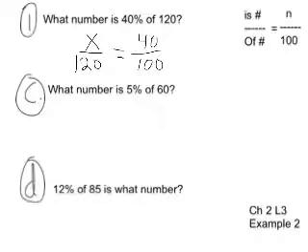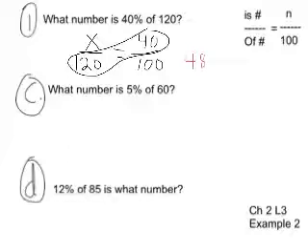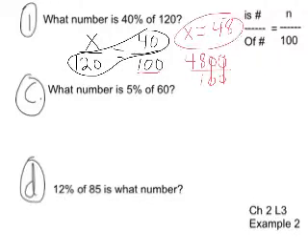The "is" is my part. So now I'm going to cross multiply. 40 times 120, I'll work that out, and I get 4,800 divided by the number left over, which is 100. Cross off my zeros, so x will equal 48. 48 is the part that I was looking for.